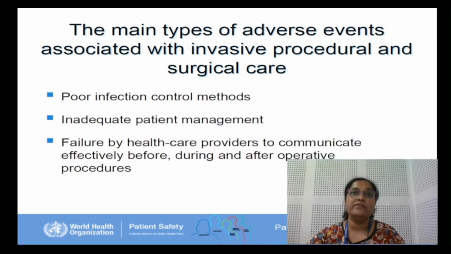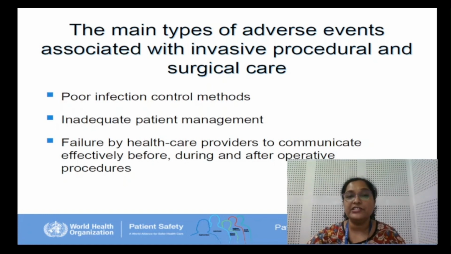The most common adverse events associated with invasive procedures, including surgeries, are infections. Poor hand hygiene, lack of standard protocols, or inadequate use of timely antibiotic prophylaxis are all recognized causes. Poor patient management, including handovers, poor communication in the workplace, inadequate conflict management skills, and poor teamwork.